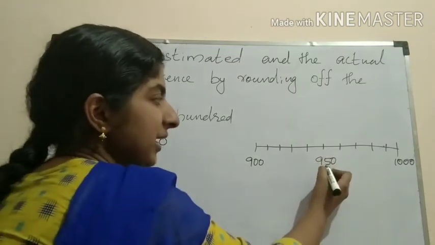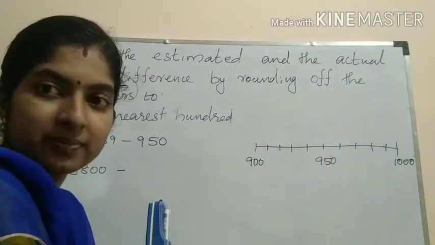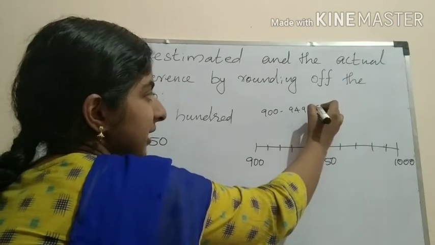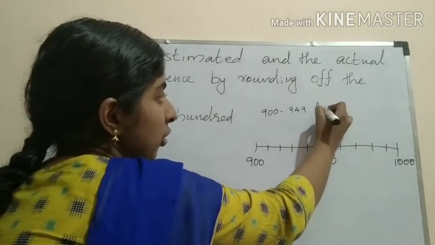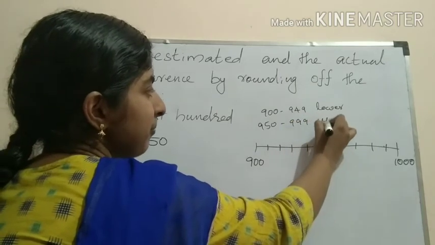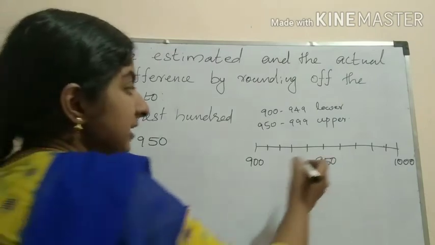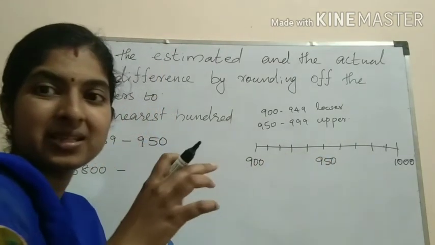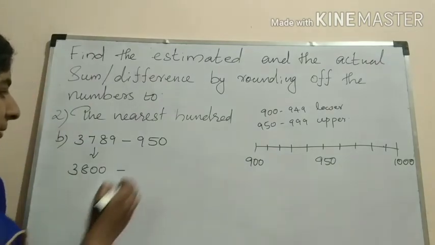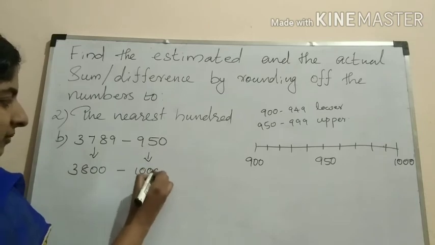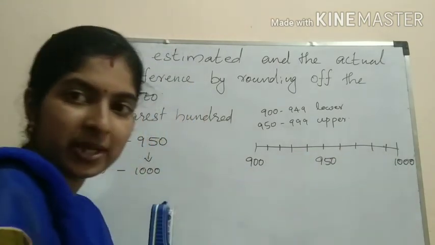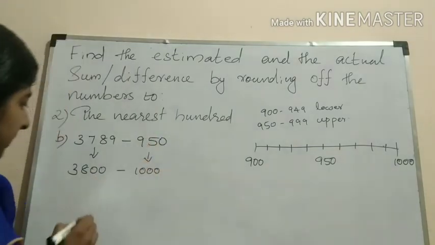So this 950 lies in the upper 100. 950 is nearest to 1000. So 950 becomes 1000.